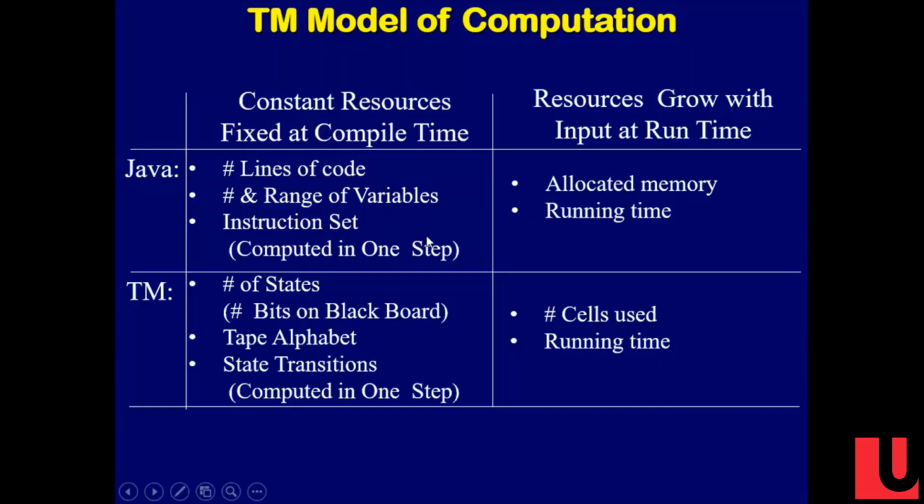Does that make sense? And then we say, for all input, now when we know the input, we can just figure out how much memory we are allocating, what our runtime is, how many cells are used. Does that make sense? This is compile time. And this is runtime.